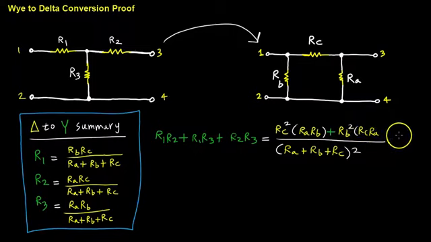And finally, we're going to add to that R2, R3, which is going to be RARC times RARB, so RA squared now, RA squared times RBRC.